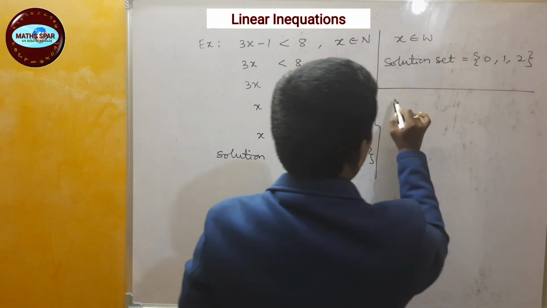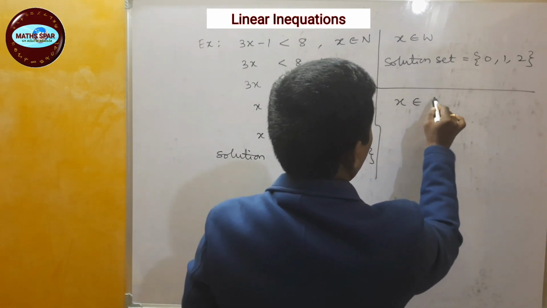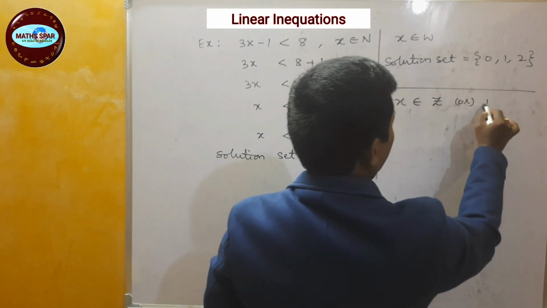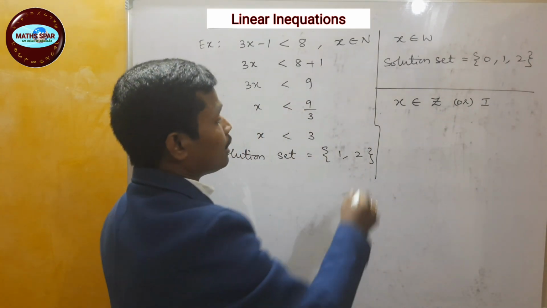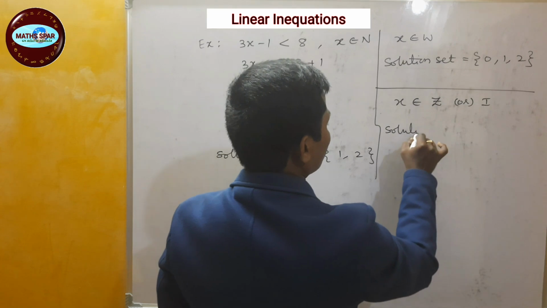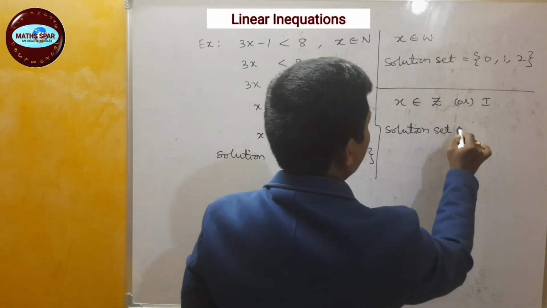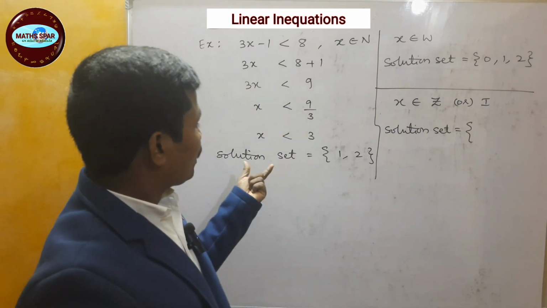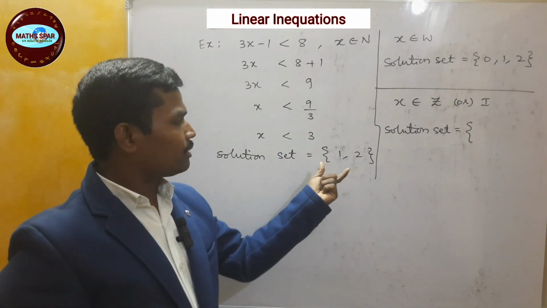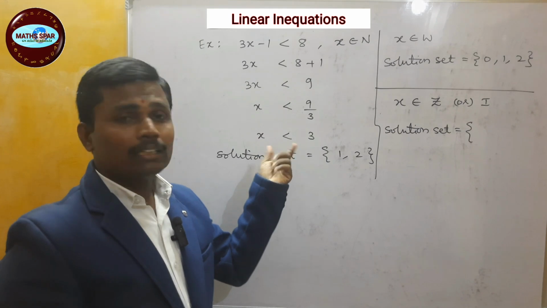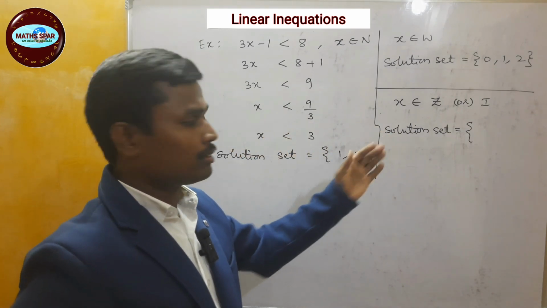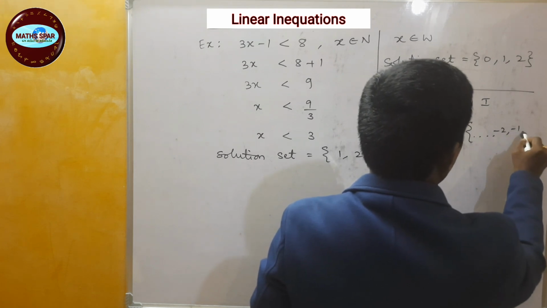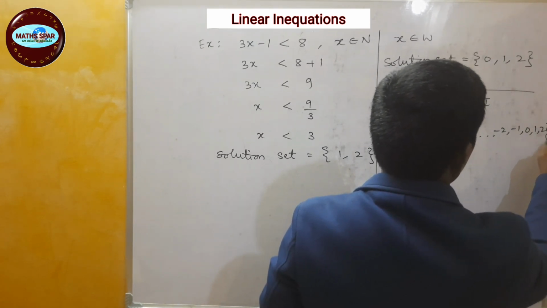Then suppose the same question is given for integers, which is represented as Z or I, the solution set will be infinite, meaning less than 3 there are innumerable integers, that is minus 2, minus 1, 0, 1, 2.